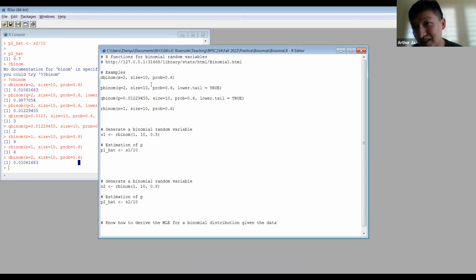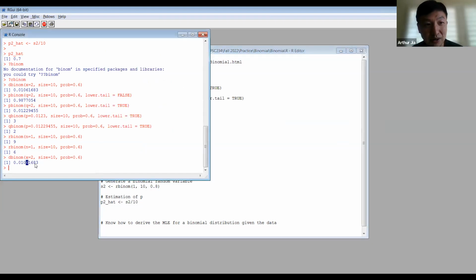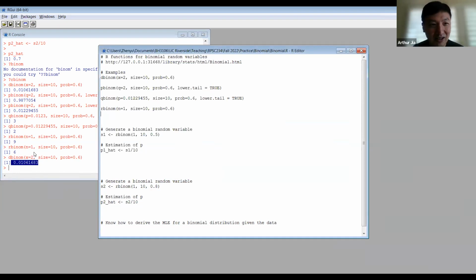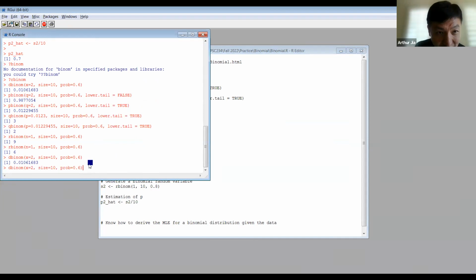Do you agree? But in reality, if you only see 2 heads, that's possible, but this outcome is very unlikely. So that's why you see the probability is only 0.01. Does that make sense?